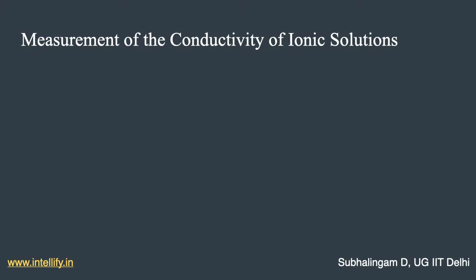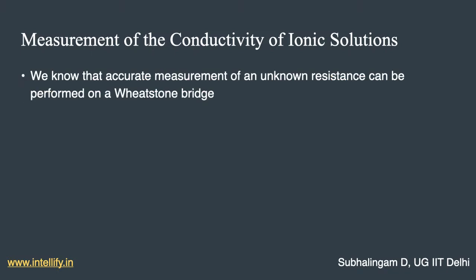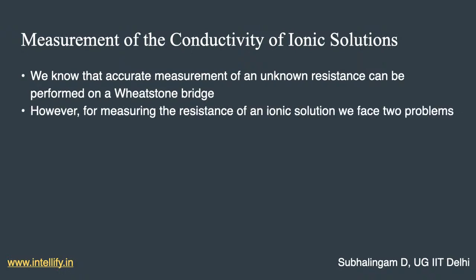Now let's see how to measure conductivity of ionic solutions. We know that accurate measurement of an unknown resistance can be performed on a Wheatstone bridge. You should have seen that in physics. However, for measuring the resistance of an ionic solution, we face two problems.